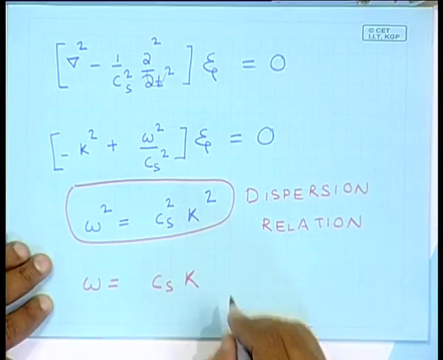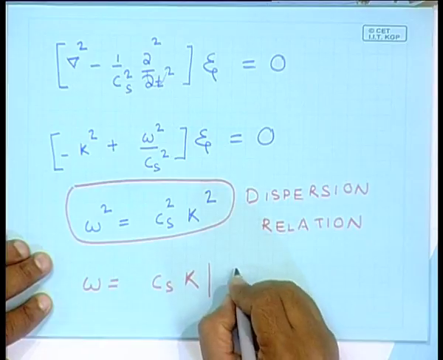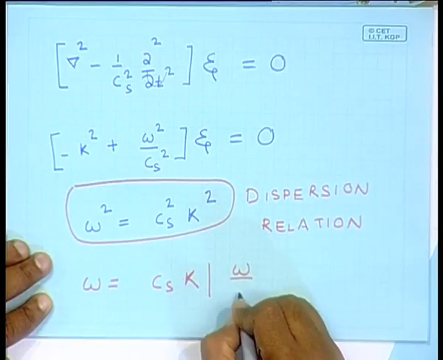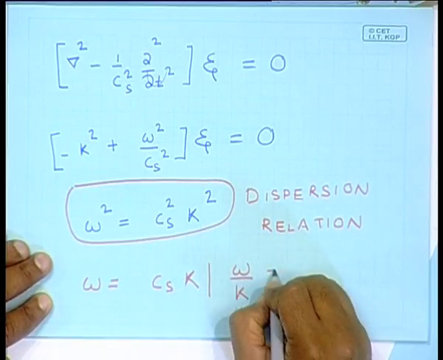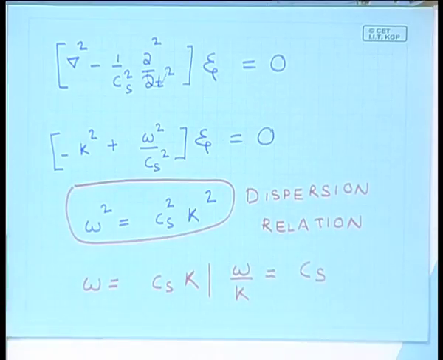This straight away tells us that the phase velocity of the wave, omega by k, is equal to Cs. So, the wave has a phase velocity Cs. What do we learn from this?